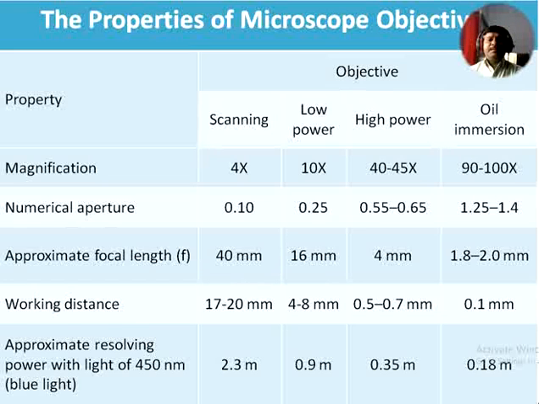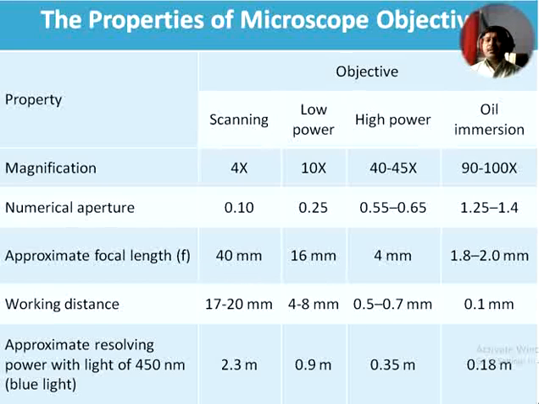Now the working distance is another property. In case of scanning objective, the working distance is 70 to 20 millimeter. That means this is the distance between the objective and the object which is to be observed, that is also called a specimen.